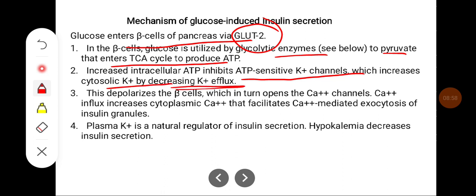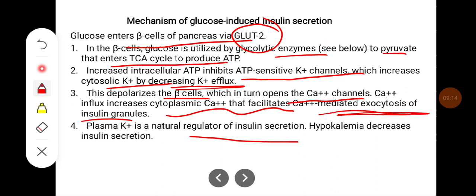So this is going to depolarize B cells, which in turn opens the calcium channels. Calcium influx increases the cytoplasmic calcium that facilitates the calcium mediated exocytosis of insulin granules. So plasma potassium is a natural regulator of insulin secretion. Hypokalemia decreases insulin secretion.